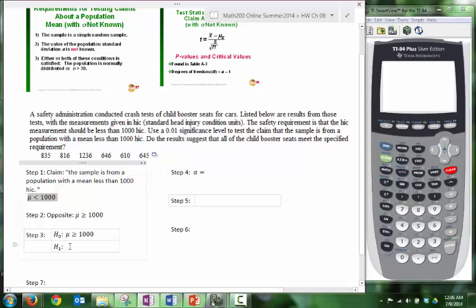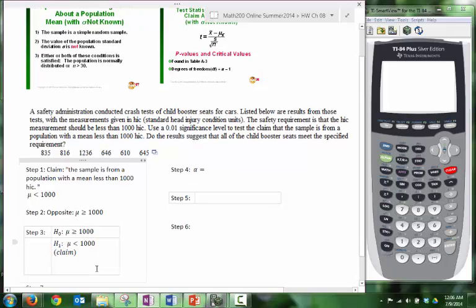But I think the choices that we'll have actually have an equal sign. And so this is our claim, and we want to just make a note of that. Alright, so our alpha here, they give it to us, 0.01.